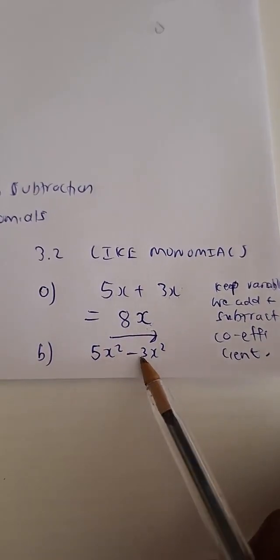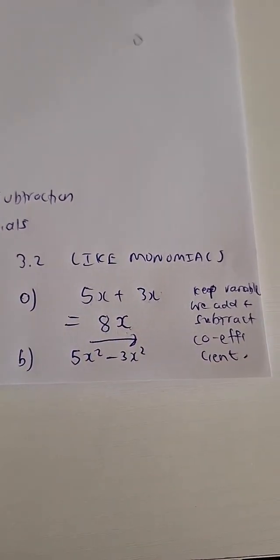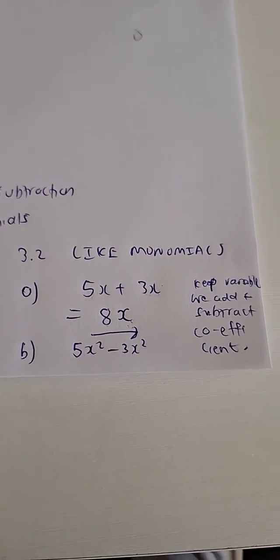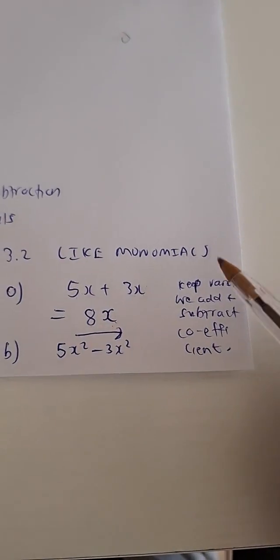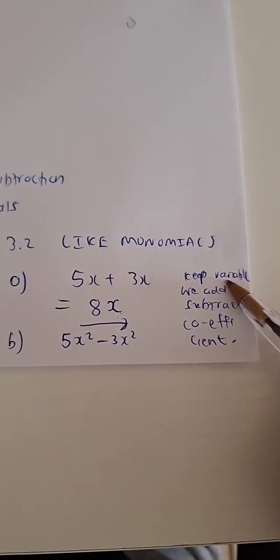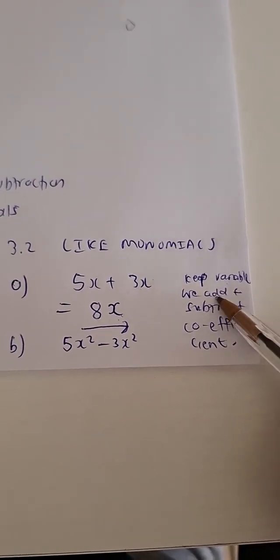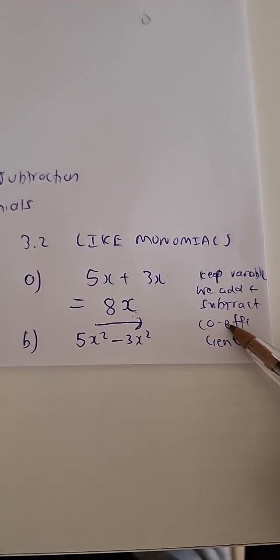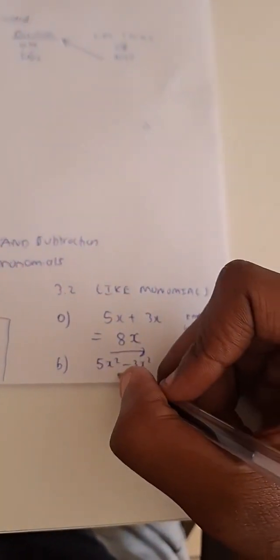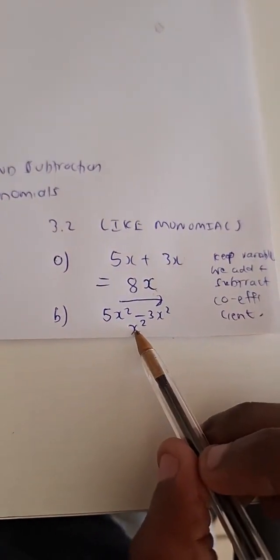So we have 5x squared minus 3x squared. The question is, we are subtracting now. What is the deal here? The deal is the same. We keep the variable, we add and subtract the coefficient. So what is the variable here? The variable and its exponent is x squared.